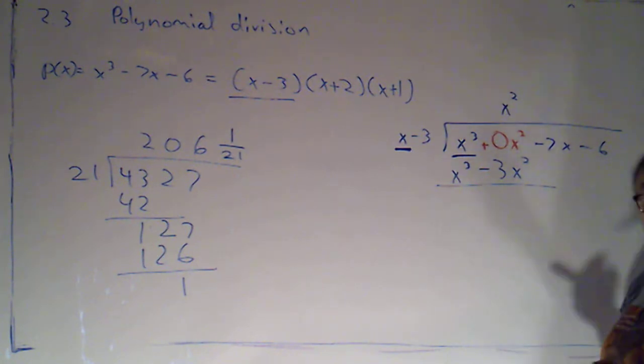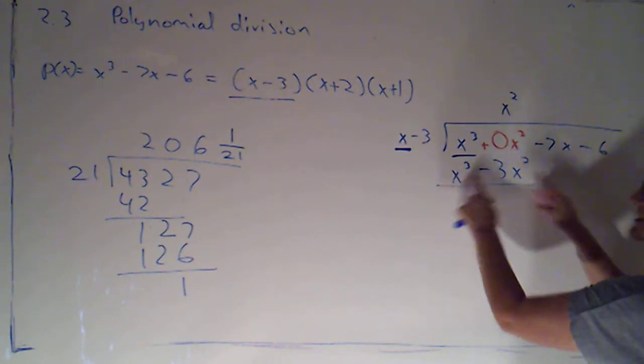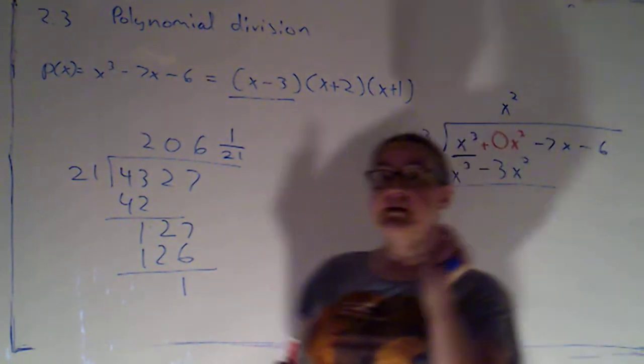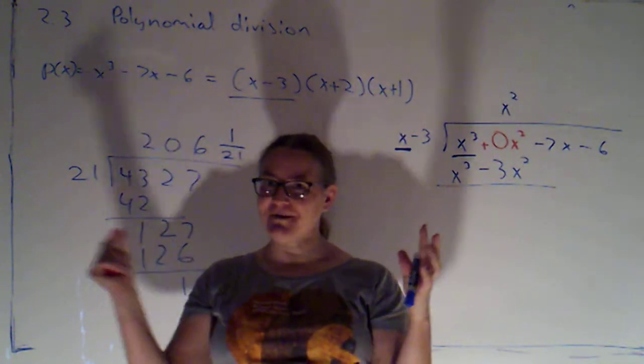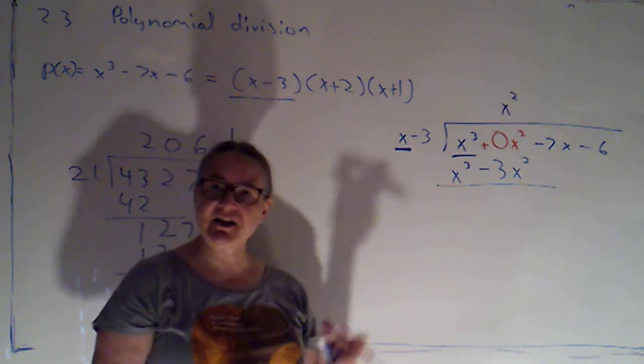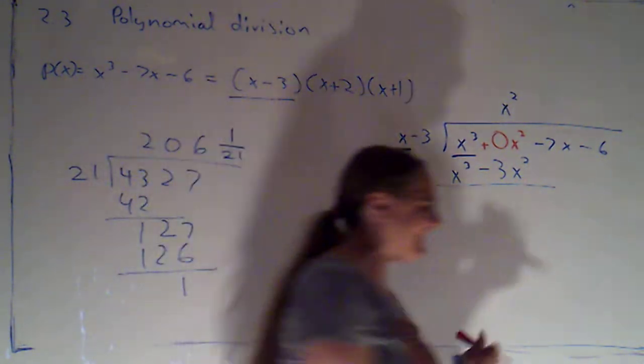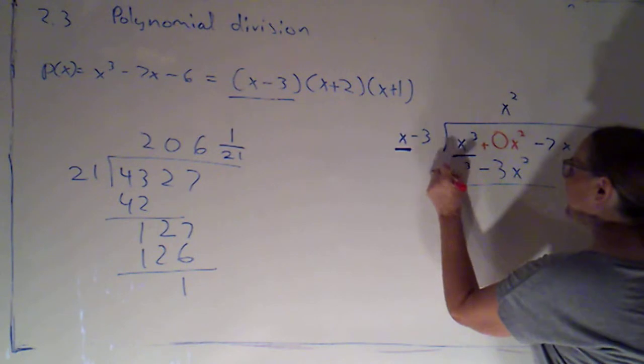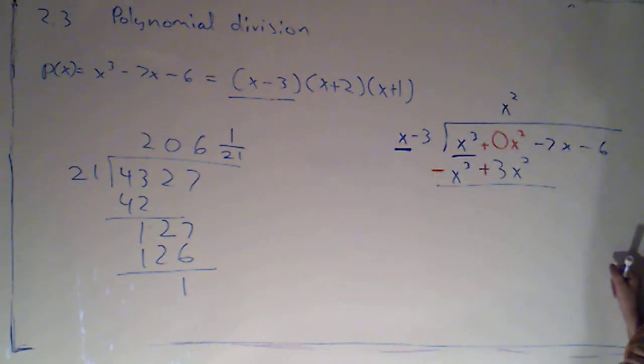So now I want to subtract, but I'm subtracting this whole thing. Remember, when we subtract something with multiple terms, we've got to distribute that negative. So I think of subtracting as change the sign and add. Changing the sign is distributing the negative, and then I can combine like terms.